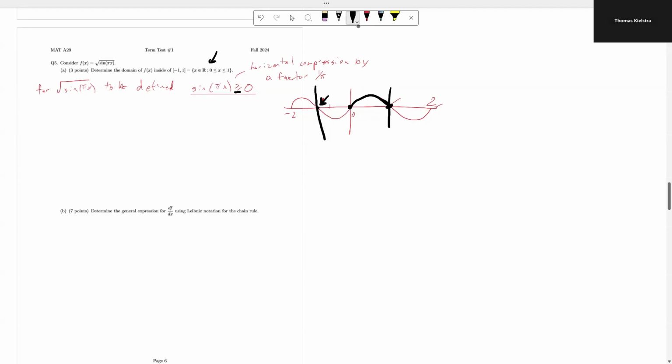So my interval is the set minus 1 unioned with 0 to 1. So the domain equals the set minus 1 union with the interval 0 to 1.